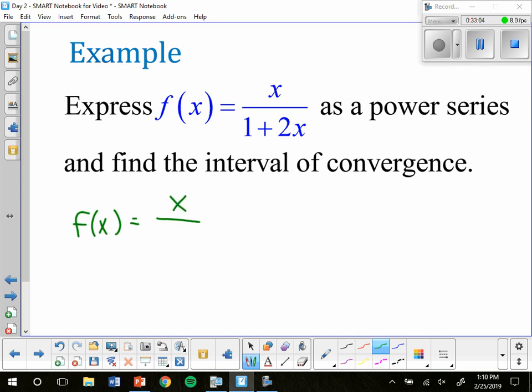We're trying to find a series, and we need this to be a over 1 minus r. Do we have a 1? Yeah. But we don't have a minus, so we'll have to make it.